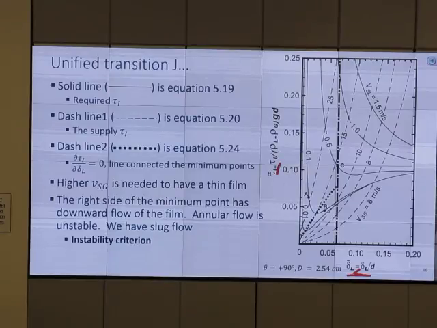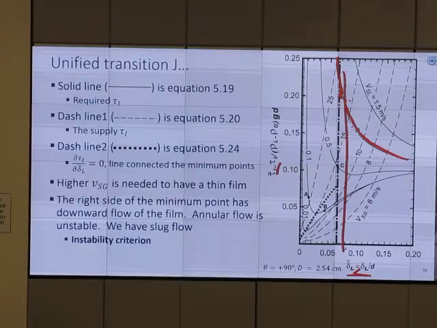This graph tells me, let's pick one line. If I want a thin film, like this film, I have to have a lot of gas flow rate or a lot of shear stress so that we can have a thin film.